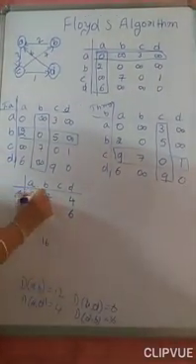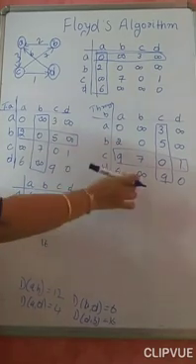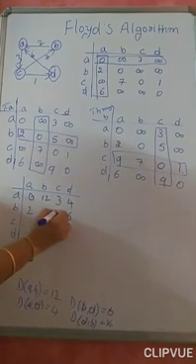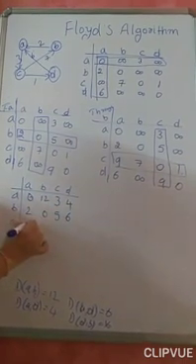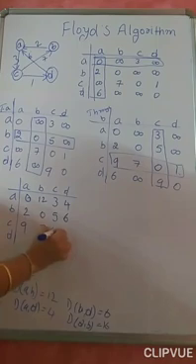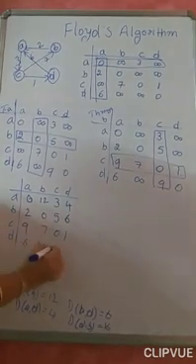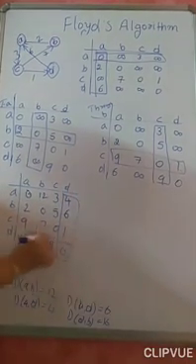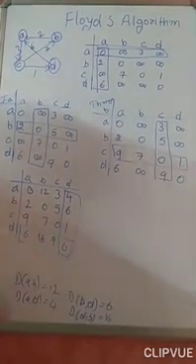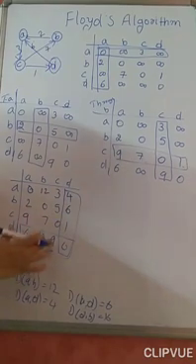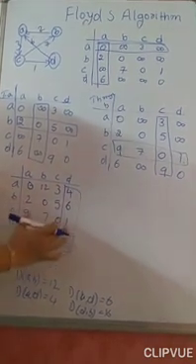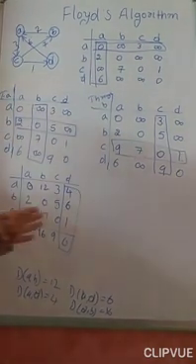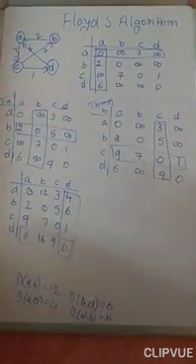Rest all elements you write as it is. Again repeat the same thing for the 4th row: repeat the 4 with these 3, repeat the 6 with these 3, repeat the 1 with this 3 and write down whatever all-pairs shortest path matrix you are getting.